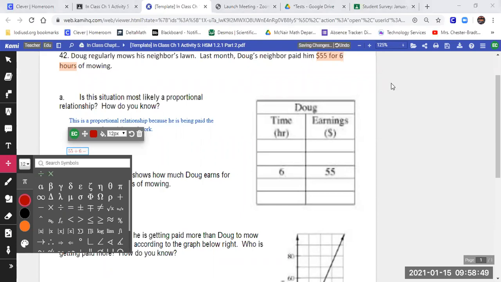Someone use your calculator. What is 55 divided by 6? I don't know.